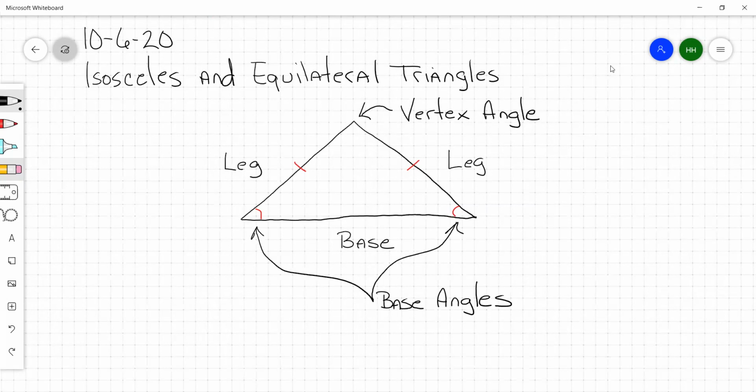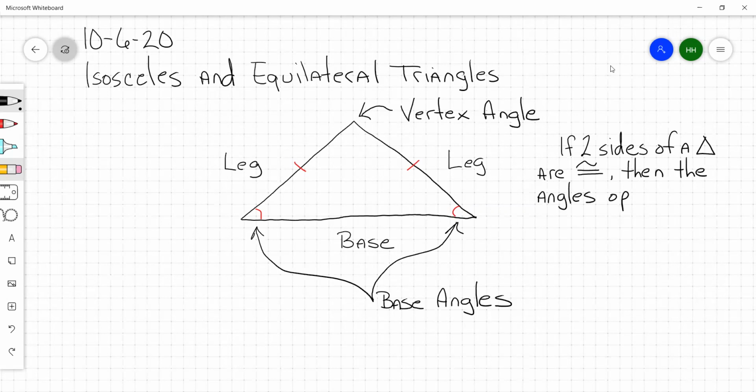And we're going to say that if two sides of a triangle are congruent, then the angles opposite those sides are congruent.